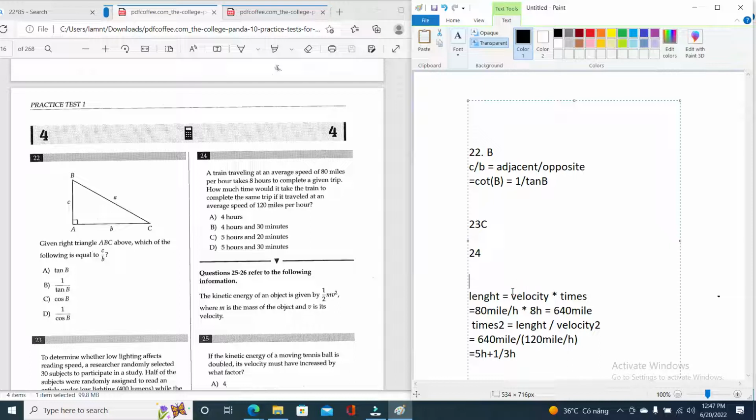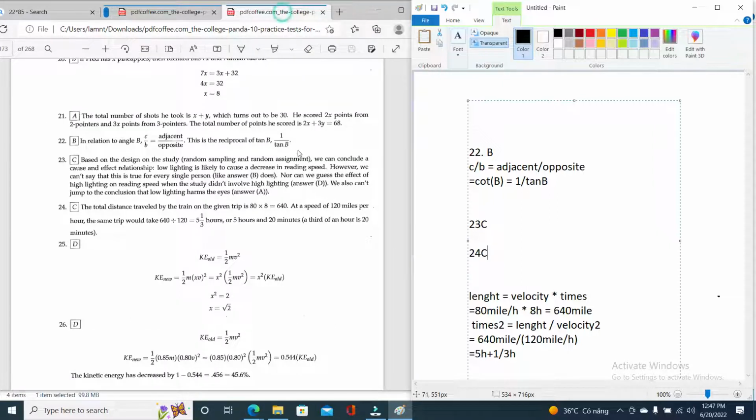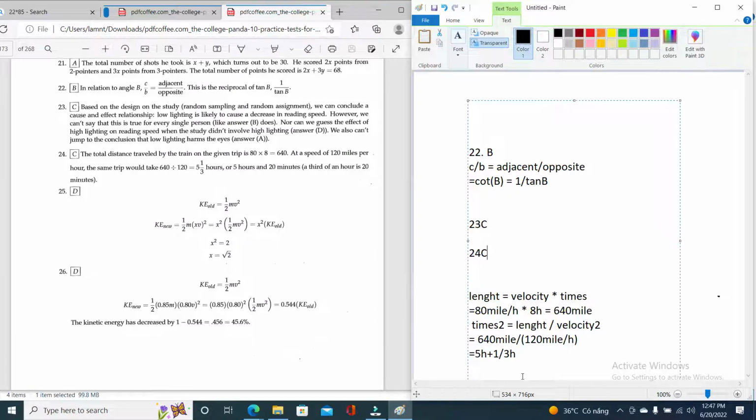So actually I think it's C, because 40 is just 1/3 of 120. So 24 is C. Indeed, it's C.